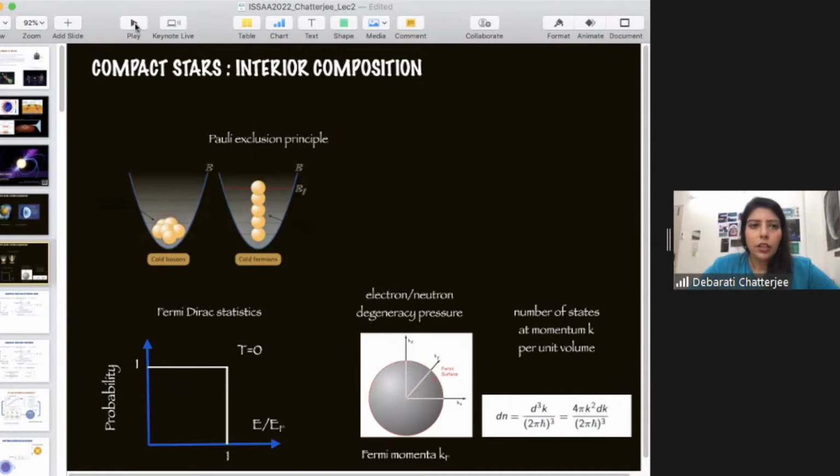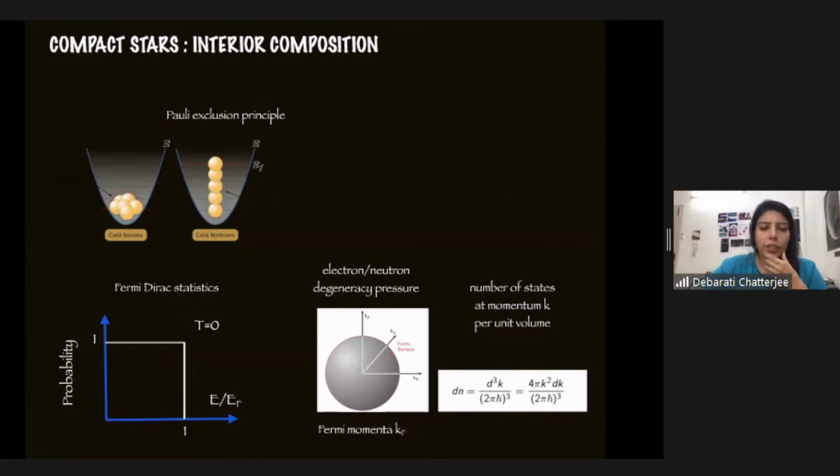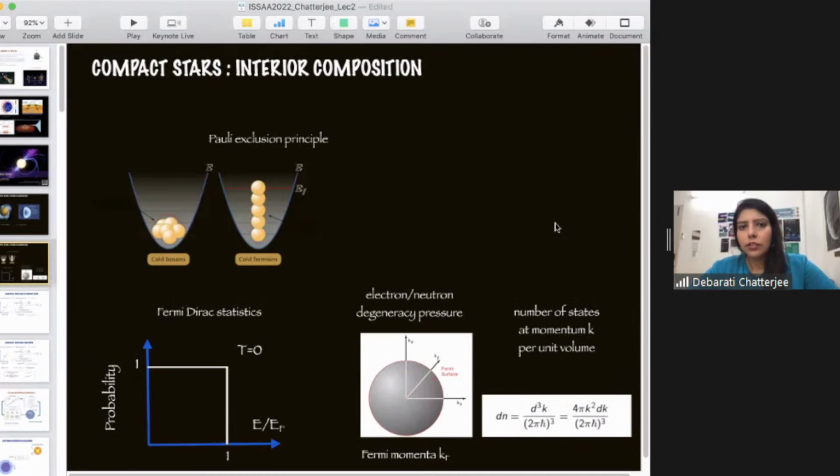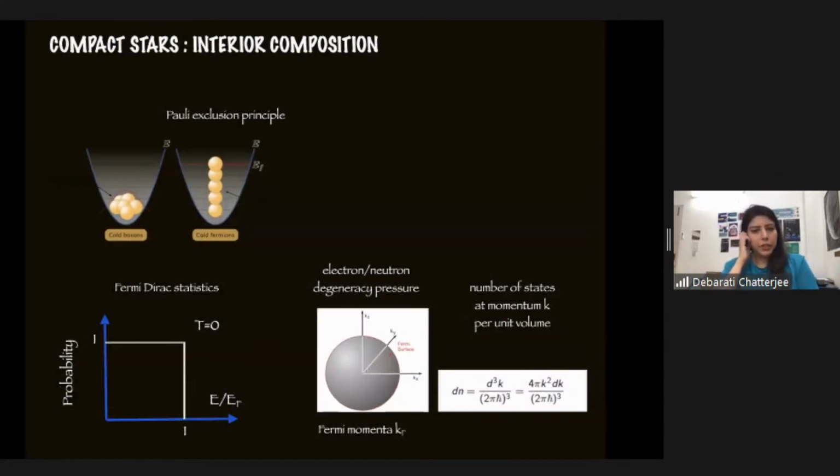Okay. So degeneracy pressure is something that stabilizes the star. Yesterday I already explained to you that it is basically the property of the fermions by which they exhibit this kind of pressure, originating from the Pauli exclusion principle followed by fermions.